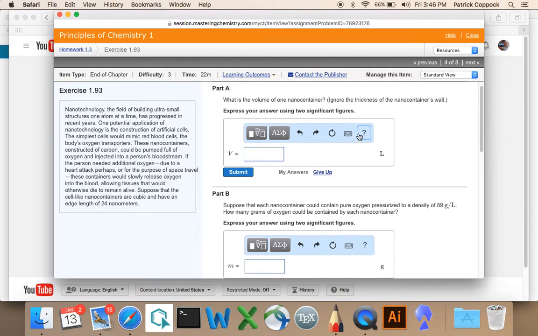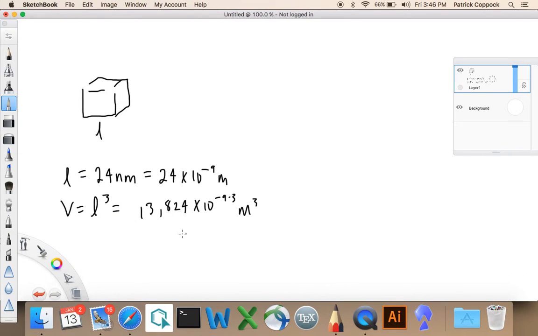It doesn't say what you... oh, liters. Oops, over here, watch out, liters. Okay, so I'm going to have to convert that to liters when I'm done. Now, I'm going to say that this is 13,824 times 10 to the minus 27 cubic meters.